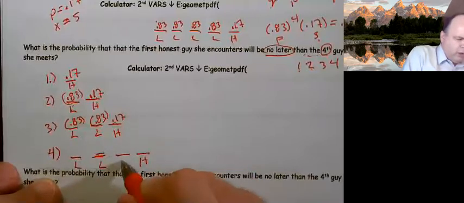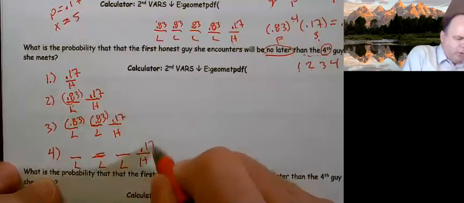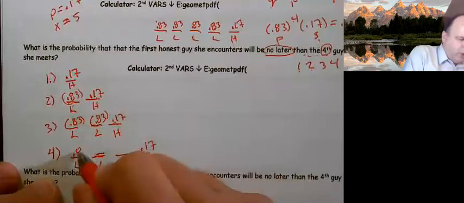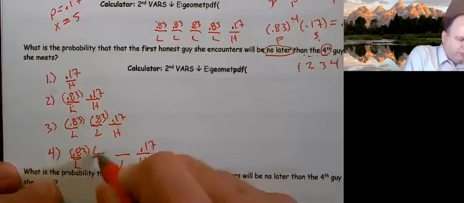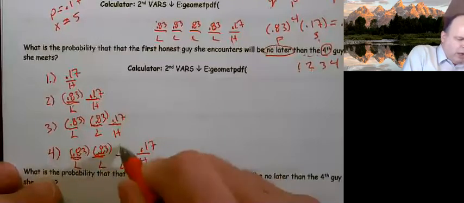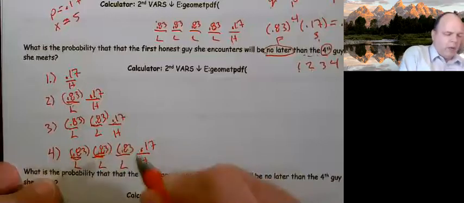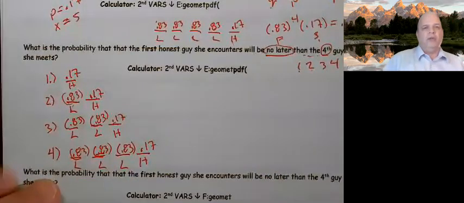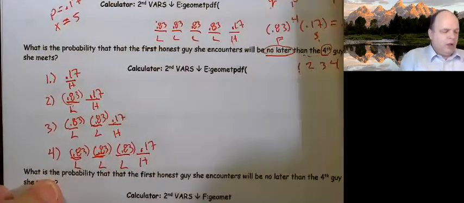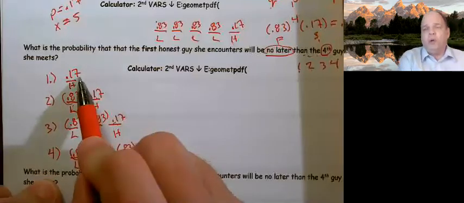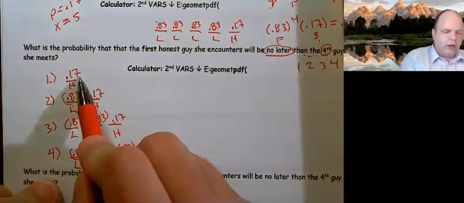Once again, the honest guy is 0.17. Everyone else is 0.83. And I'm going to go to the trouble and once again do this the long way, like I said. We already know that this is 0.17, so I don't need to do anything here.